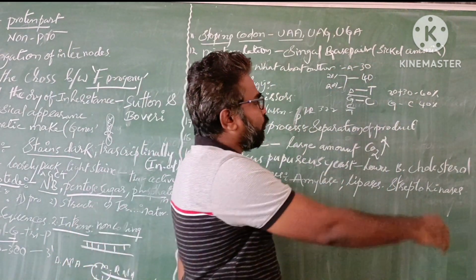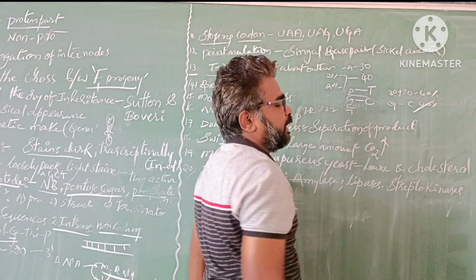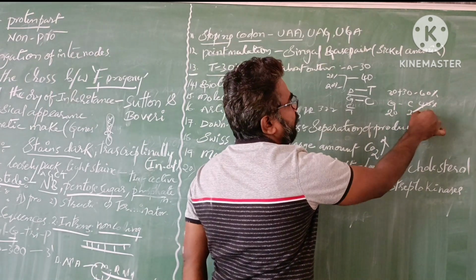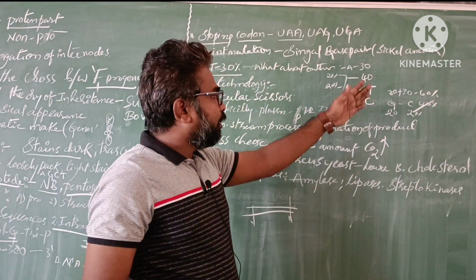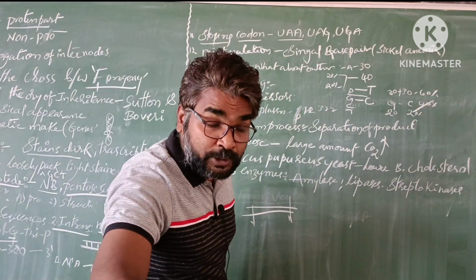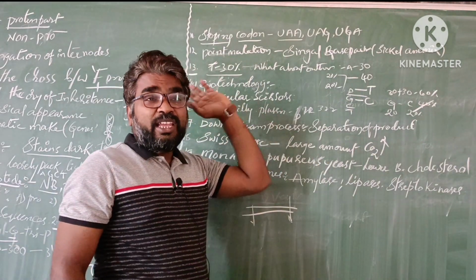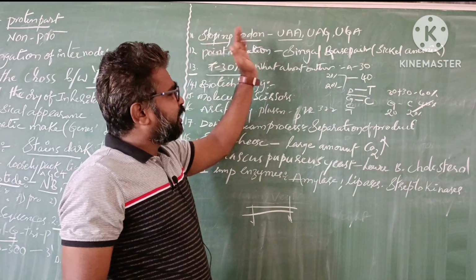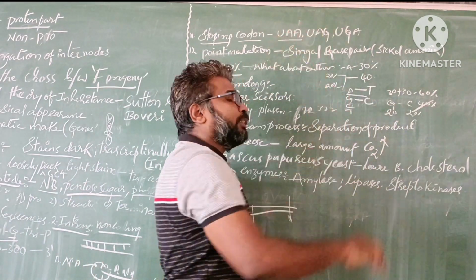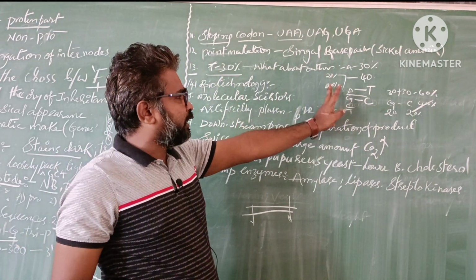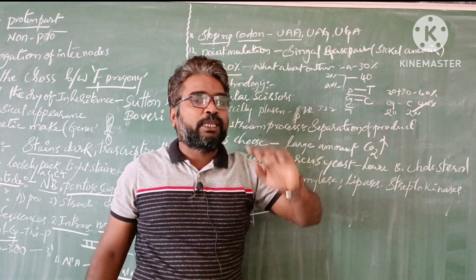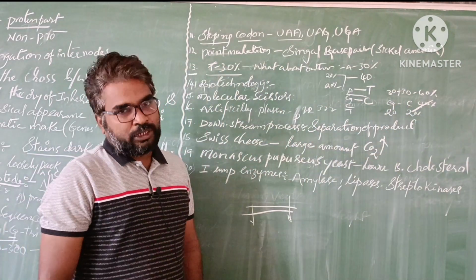If you share this 40 percent between guanine and cytosine, it is 20 and 20 percent. Look here, you have to write very simply. If thymine is 30%, definitely the adenine percentage is also 30%. The remaining guanine and cytosine are 20% each. These are the questions they may ask.